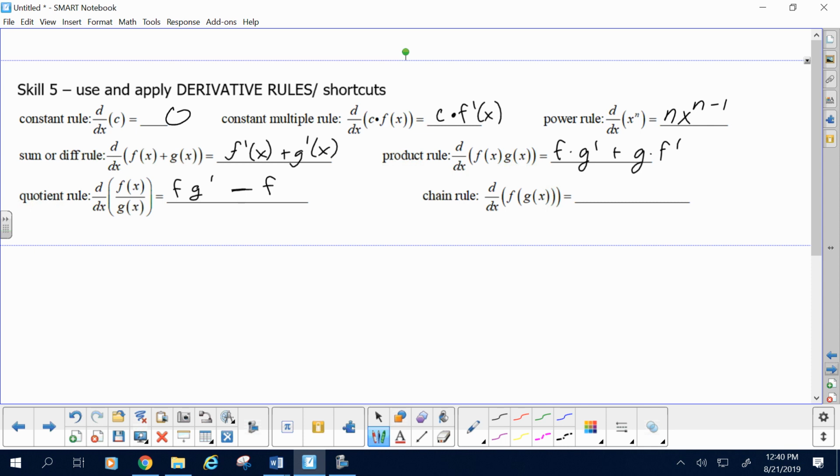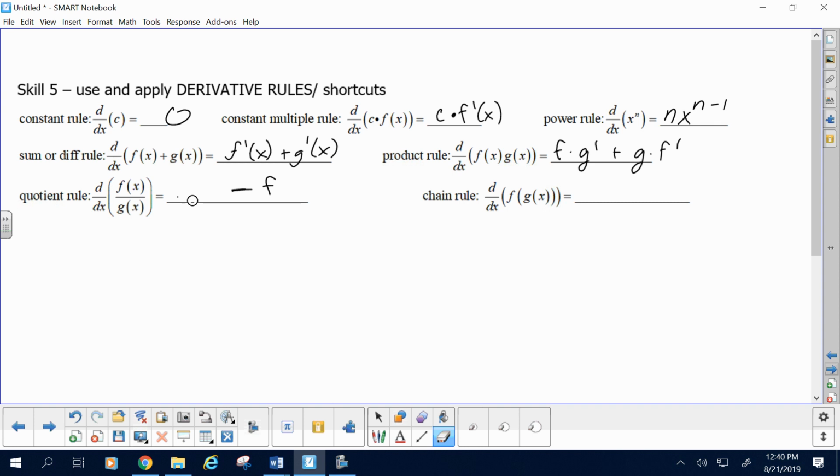Did I do that right? I did that wrong. Low d high is g f prime, is it not? Sorry: low d high minus high d low, g prime, over low squared.